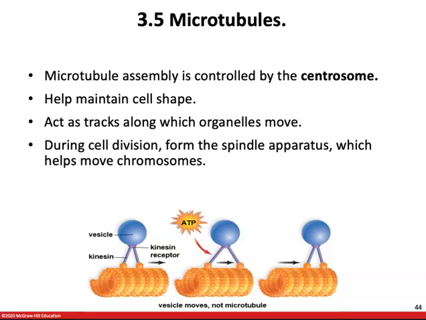All of this assembly and control is done under the microtubule organizing center. The most important part of the microtubule organizing center is the centrosome. The centrosome plays a huge role in DNA replication and the processes of mitosis and meiosis, which is why I bring it up now, because we're going to see the centrosome again later.